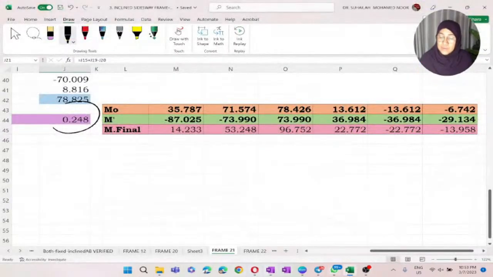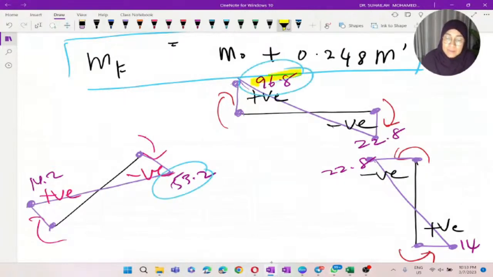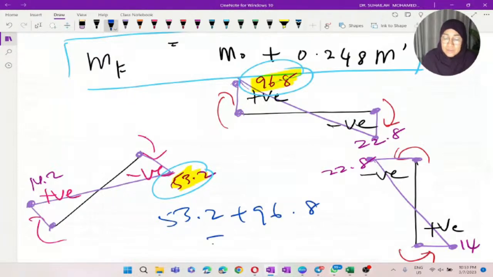And then the last value is 14. For joint B, this value we plus with this value, so we get 53.2 plus 96.8, which is equal to 150, the joint moment at B as given in the question.